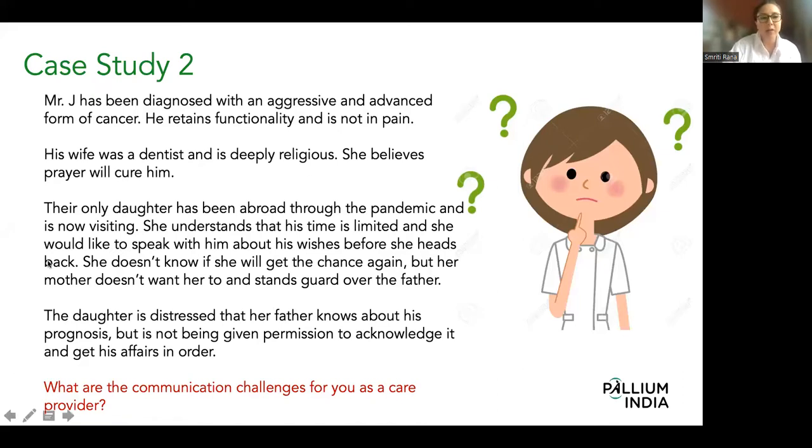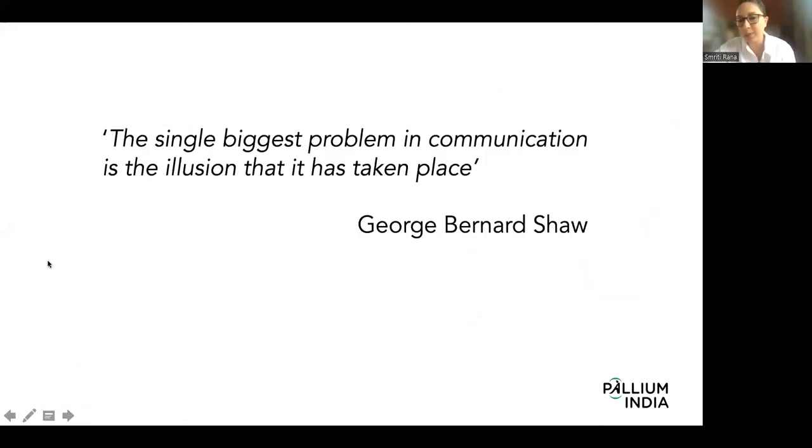Okay. Now coming to communication itself, the single biggest problem in communication is the illusion that it has taken place. I think I've told you what I need to tell you, and you've understood it completely differently.